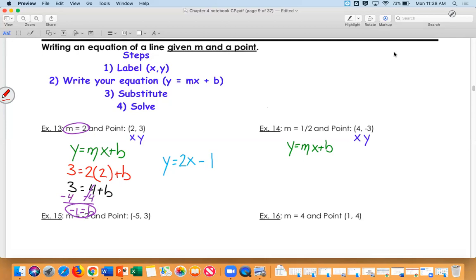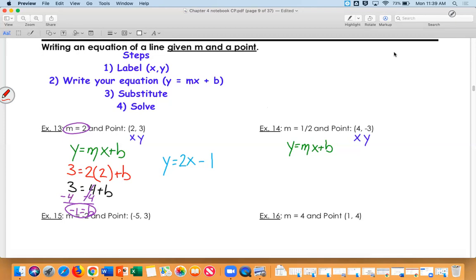Step number 3, what is it? Don't you have to find... Now, look at the top.